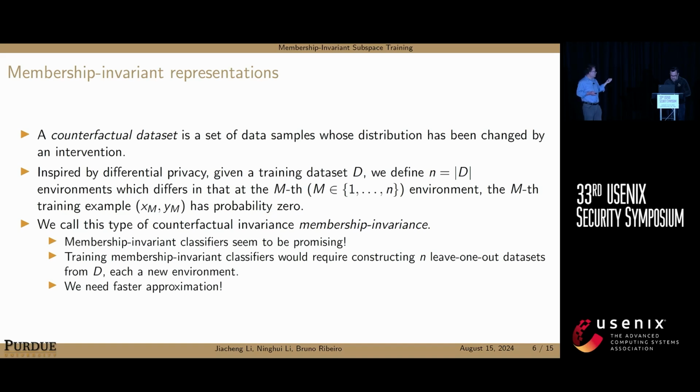Counterfactual invariance means that the effect is equivalent to the case before making this change. If we achieve this kind of counterfactual invariance, then we are membership invariant, so we should theoretically remove membership inference attacks. But you can't actually train membership invariant classifiers. It's very, very expensive. So we need faster approximations.